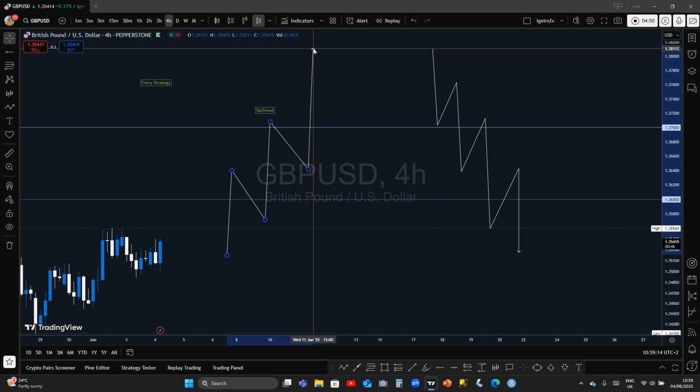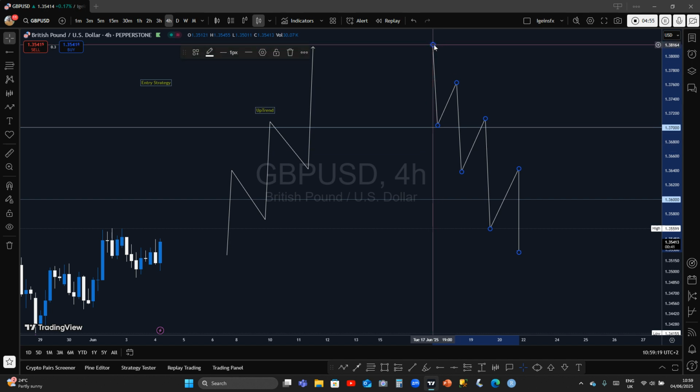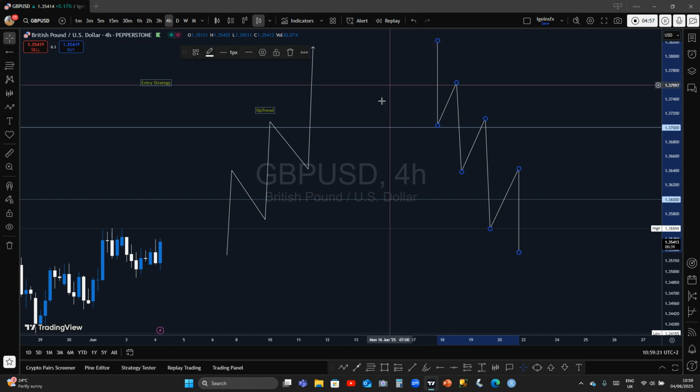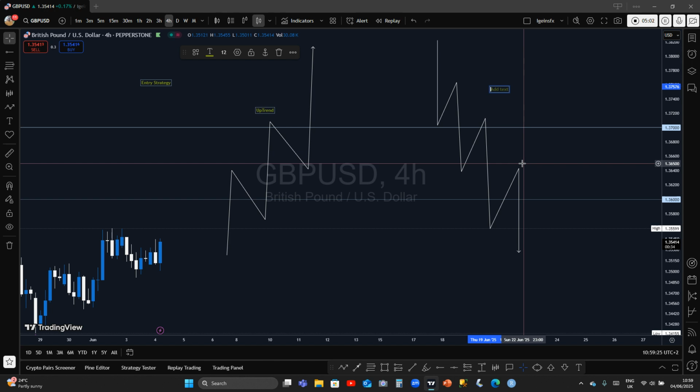So this particular one here now is what we call a bearish trend, or a downtrend.